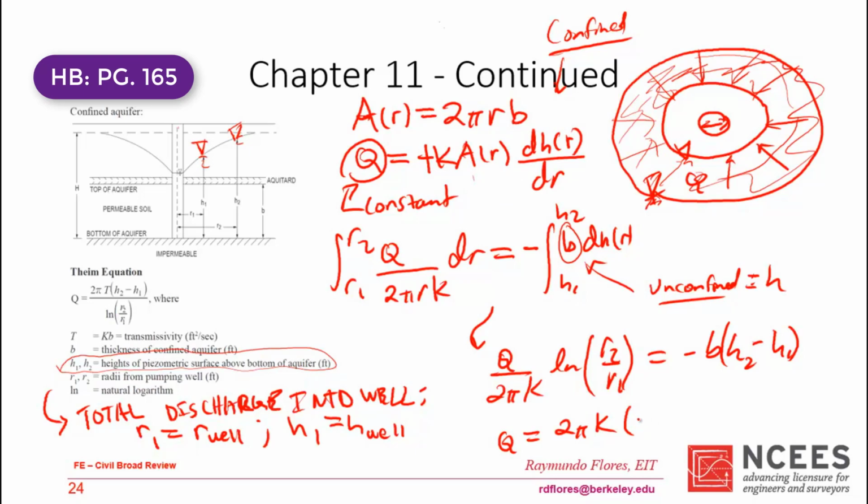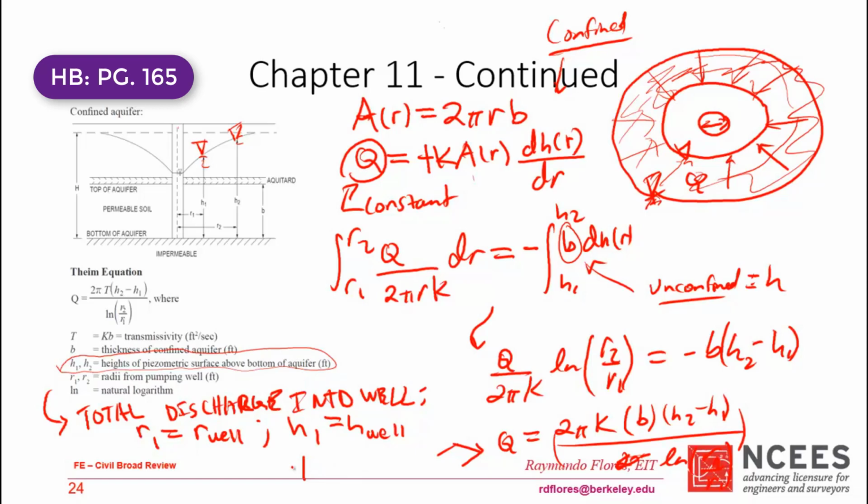This is that, and then times b times h2 minus h1 divided by 2 pi ln of r2 over r1. So as you can see here, this is kind of complicated, right? So what we would like to do is make it kind of easy.